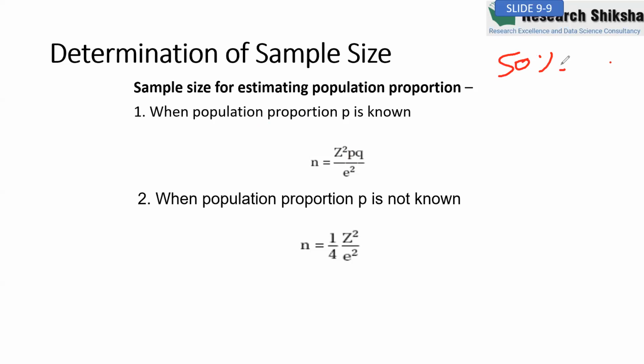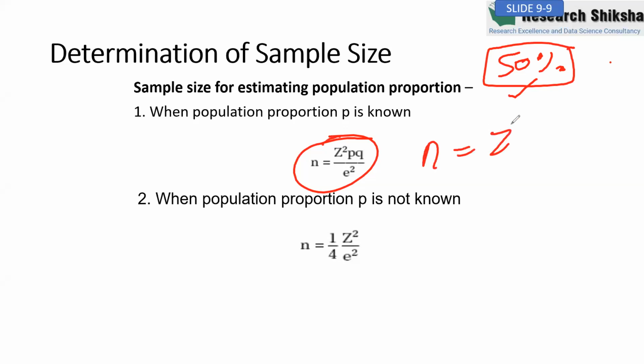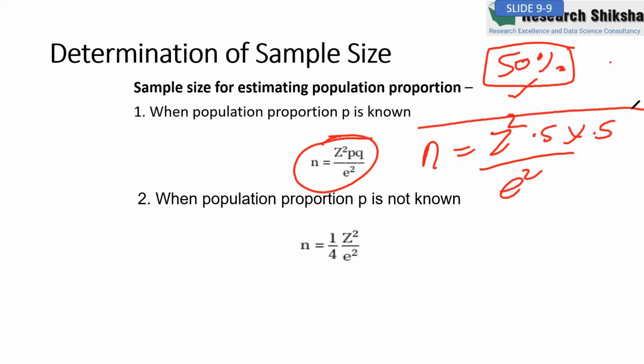For example, you say that because I'm collecting the data from females, and females are 50% of the population, I will use this formula. So in this case, you apply the formula like z square upon e square, and p is 0.5, q is also 0.5.